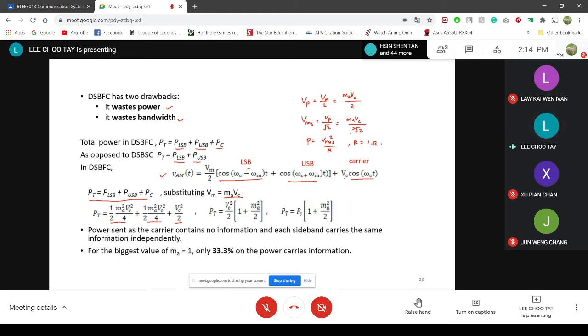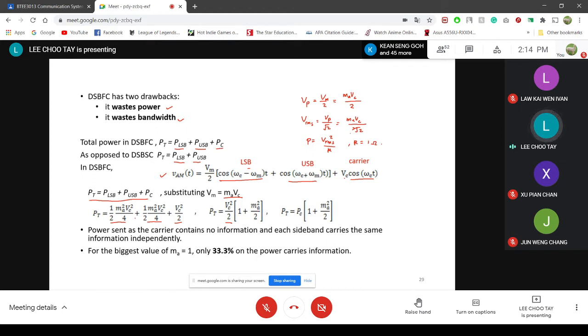What we do next is collect the common terms in these three expressions here. The common term is Vc square over 2. What I have left in the bracket will be 1, because I have extracted Vc square over 2, and then 1 plus m_a square over 2.